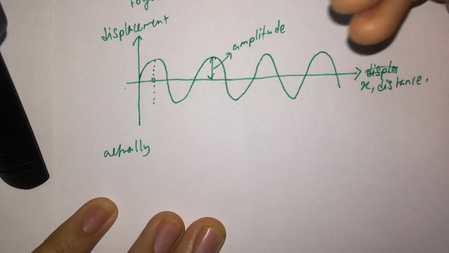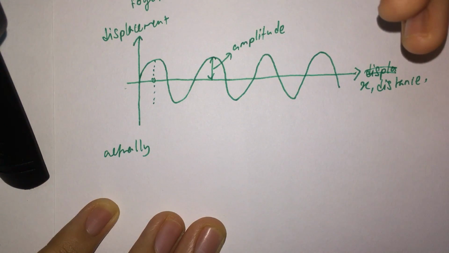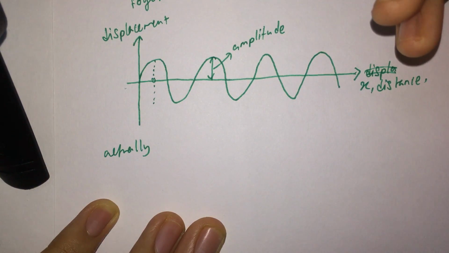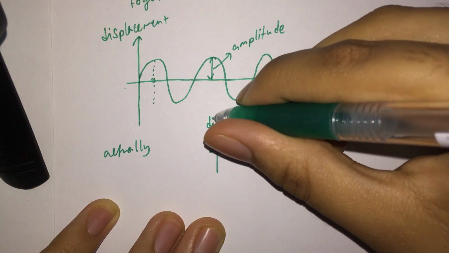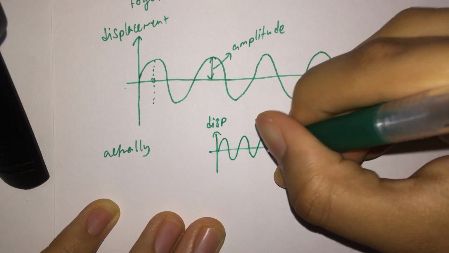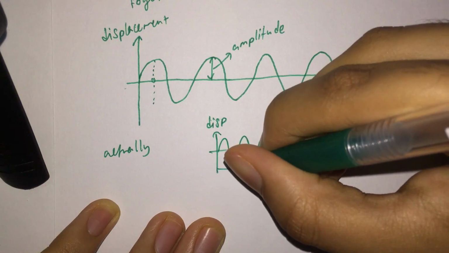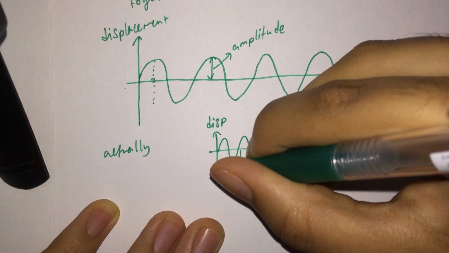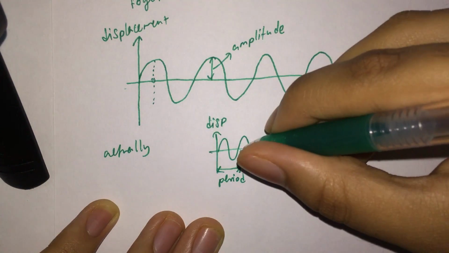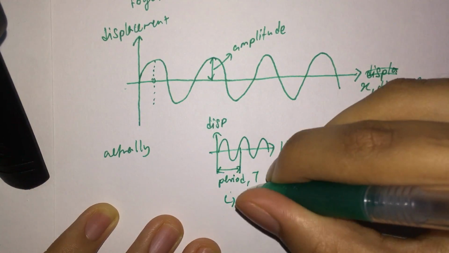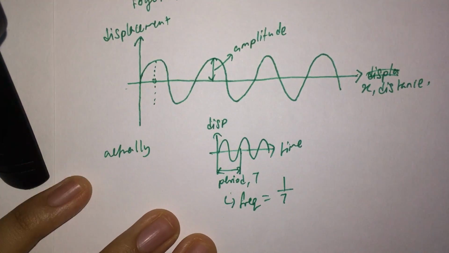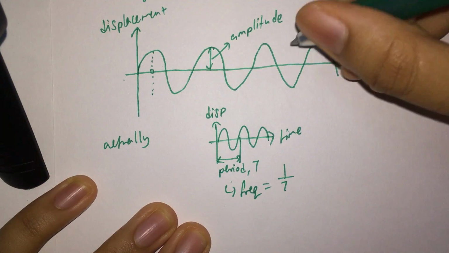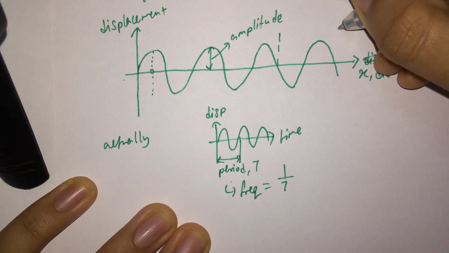And the period of the wave is the time taken for one wavelength to happen. Frequency is the number of wavelengths within a second, and it's in the unit of hertz. Phase difference is when you compare two different waves that are slightly different from each other: you take the point of the particle on each crest, see the distance between the two of them, and compare it to the wavelength to get the phase difference.